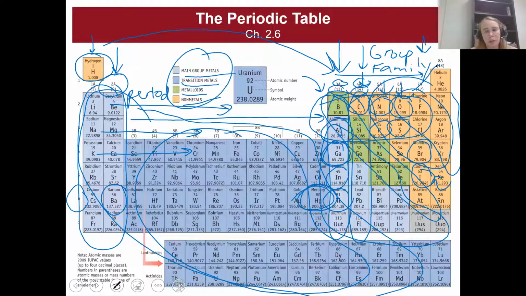So you should be able to tell certain things from the periodic table. You should memorize certain things about the periodic table, like where the metals are versus the non-metals, what groups or families certain numbers refer to, and how to find an element based on its period and group number, like we did here with barium.